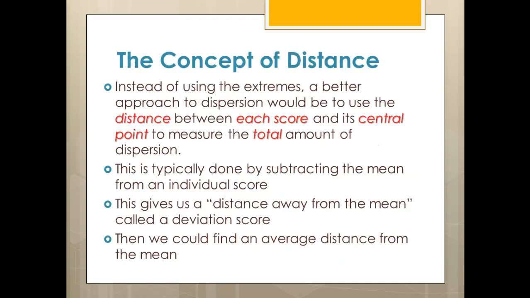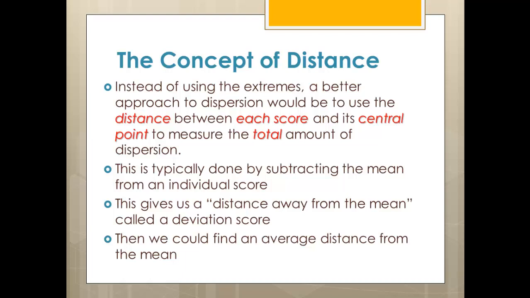So the idea here is that we're dealing with distance. Instead of using extremes, a better approach to assessing how much dispersion or variance there is in the data is to figure out the distance between each score and then find the average distance, so that we can find the total amount of dispersion and figure out what the average amount of dispersion is.